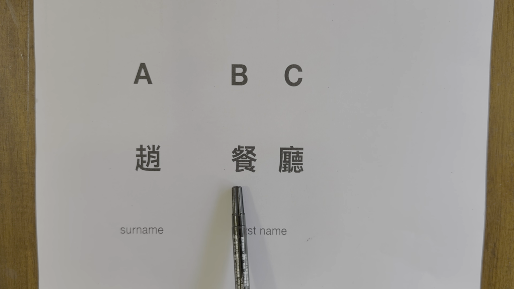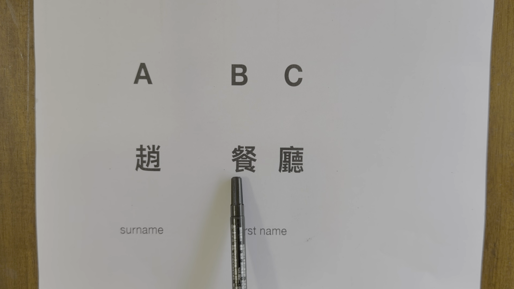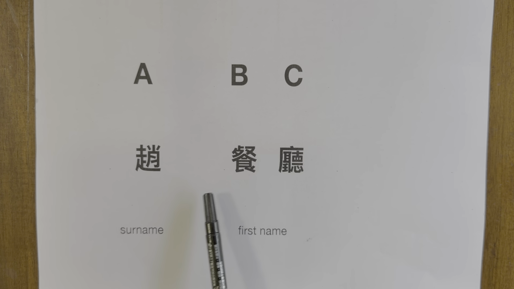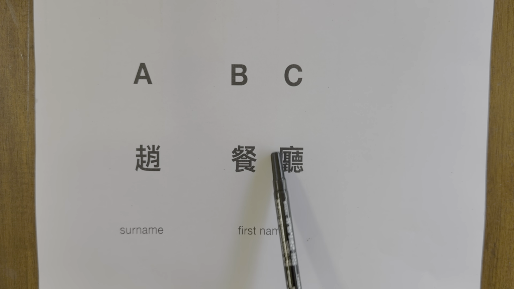So for example, if you are the second generation, this may be Chan Ting, but if you have a brother who's also the same generation as you, his name will also share the same second character, but he'll have a different third character.